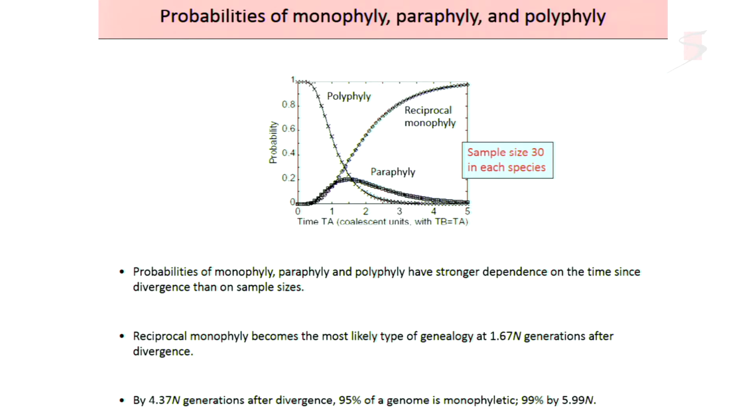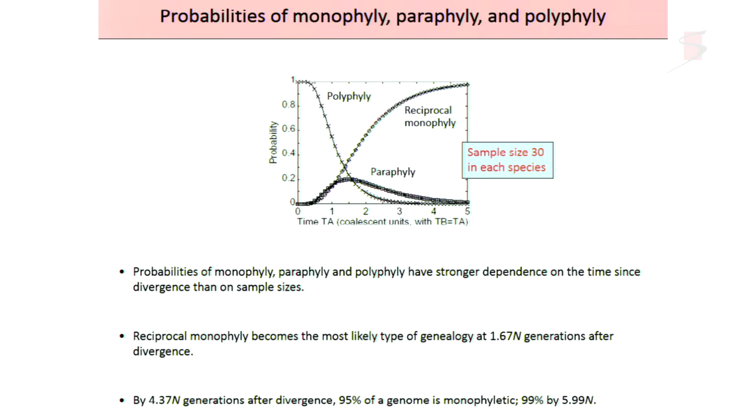In this case, unlike what John had described, where there's a very strong sample size dependence for the pedigree problem, there's not that much of a sample size dependence in these tree shapes, although larger sample sizes do slightly delay the onset of reciprocal monophyly. The time since divergence is much more important.